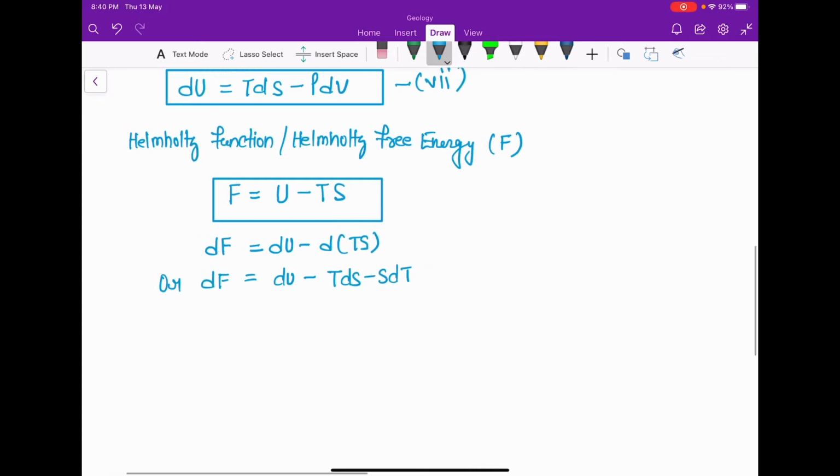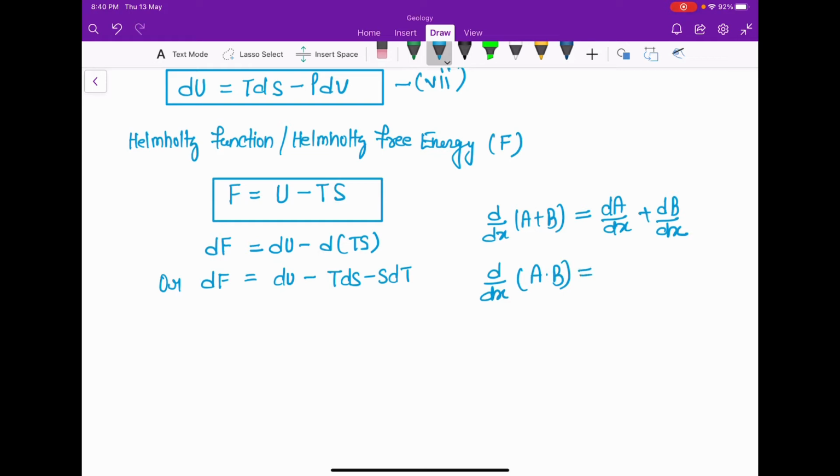This is the same as if we find the differentiation of a plus b, the differentiation is distributed, that is dA by dx plus dB by dx. And if we differentiate a into b, that gives a times the differentiation of b with respect to x plus b times the differentiation of a with respect to x. These two identities I use here.